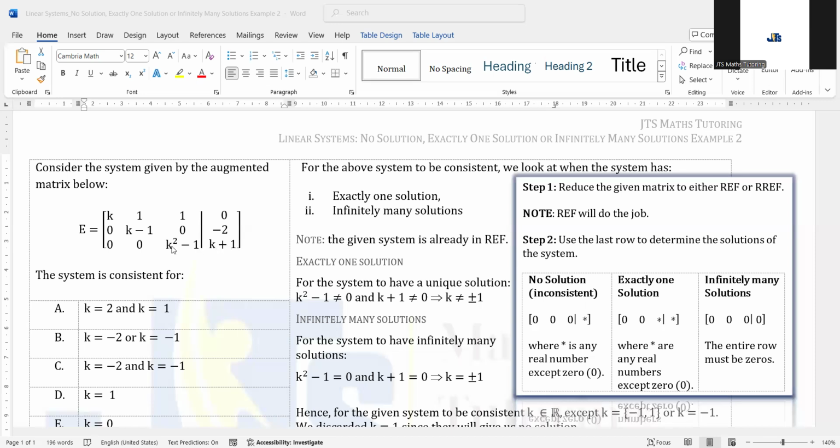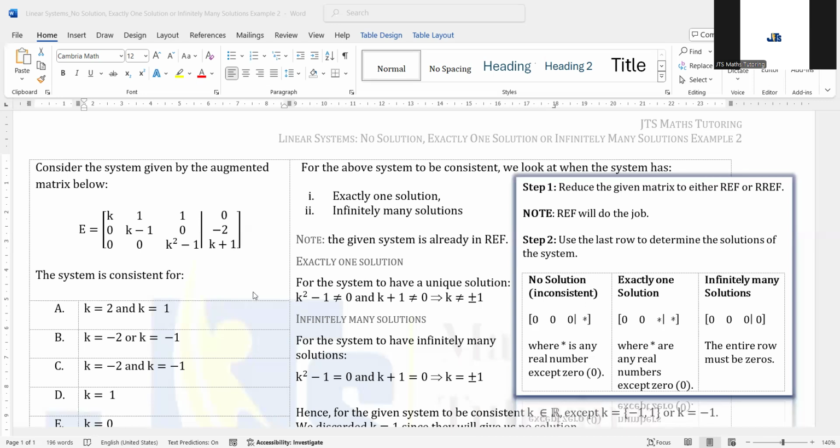So I'm having that situation which I described earlier on. 0 is equal to 2. So that makes it inconsistent. So no solution in that case. Therefore, for it to have infinitely many solutions, this K must be equal to minus 1, only, not the +1. Because once you put +1 there, it's going to be no solution.